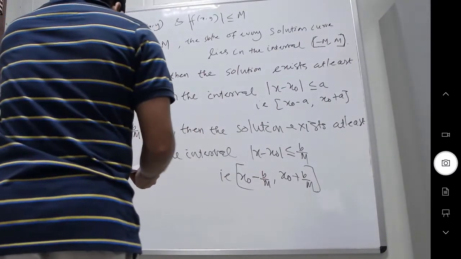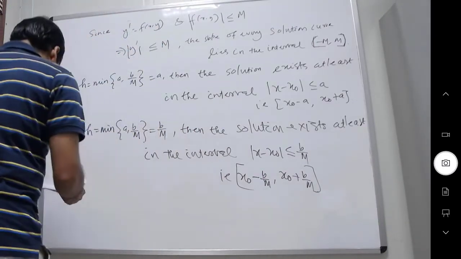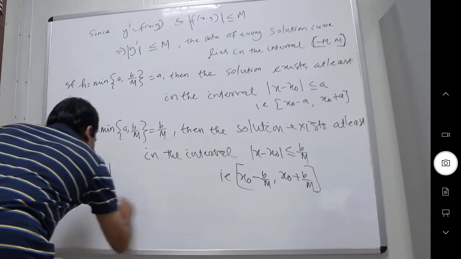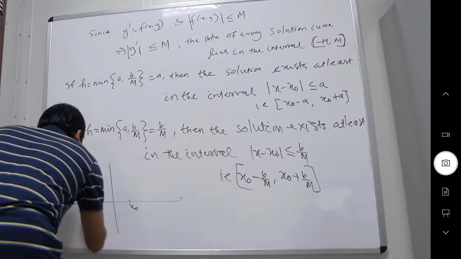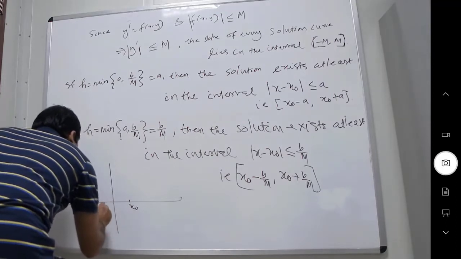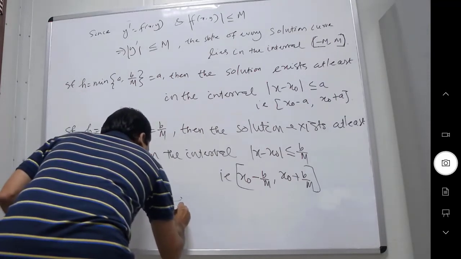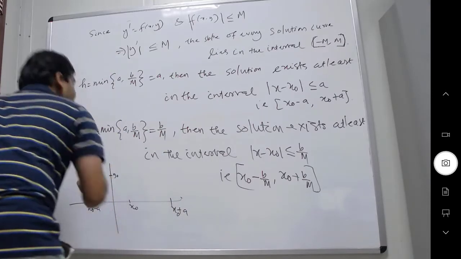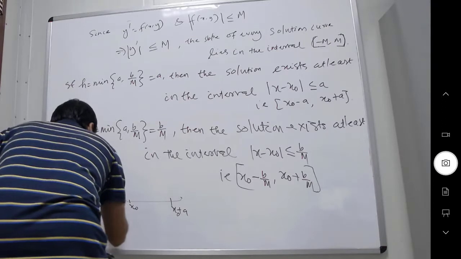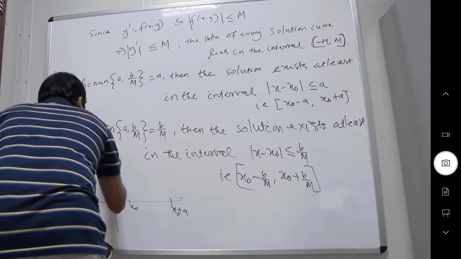So what we have seen so far: suppose you have a point x naught here, x naught minus a here, x naught plus a here, and a point y naught here on the y-axis.